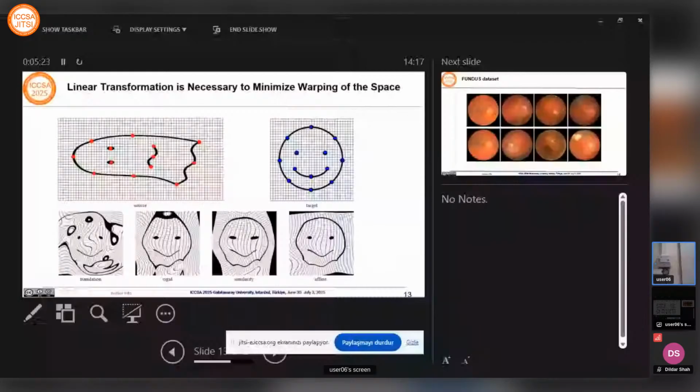If I register the transformations, you see that the more sophisticated linear transformation takes up the bulk of your registration, which causes a minimal amount of warping in space.